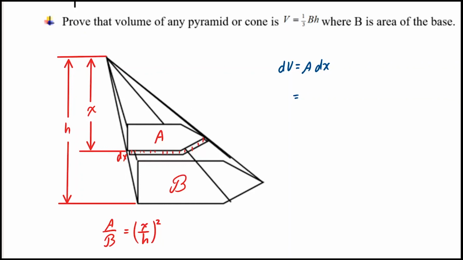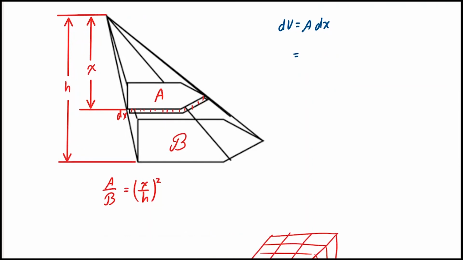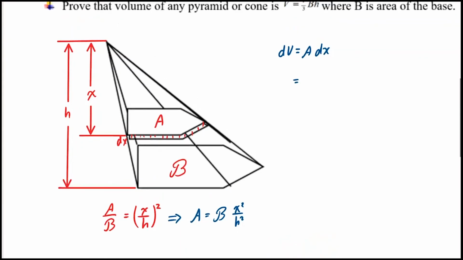From here, your A is equal to B times x squared over h squared. So I have B times x squared over h squared dx.